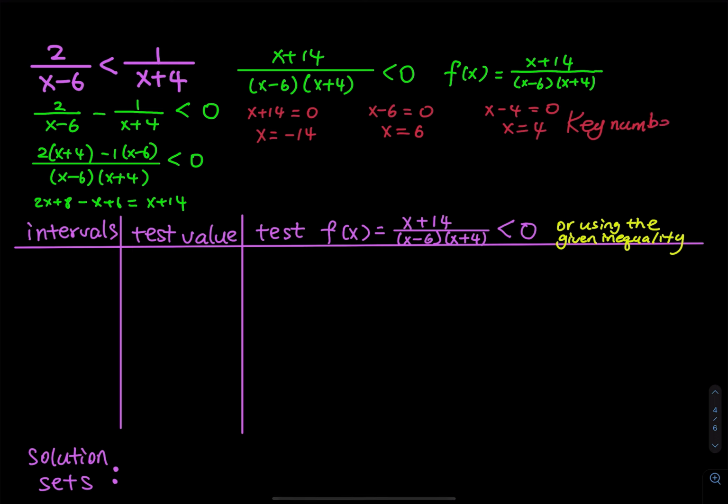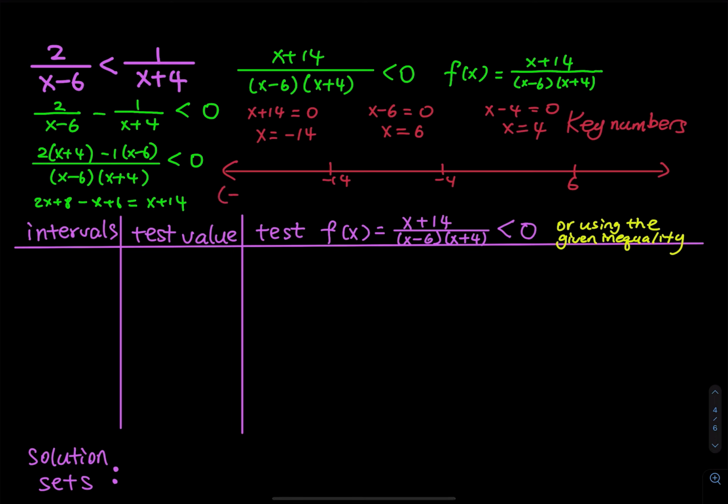And then you put them on a number line. You draw a long number line, and then you have your 2, your 4, and your 6. We have one line, 3 numbers that divide the line into 4 intervals.